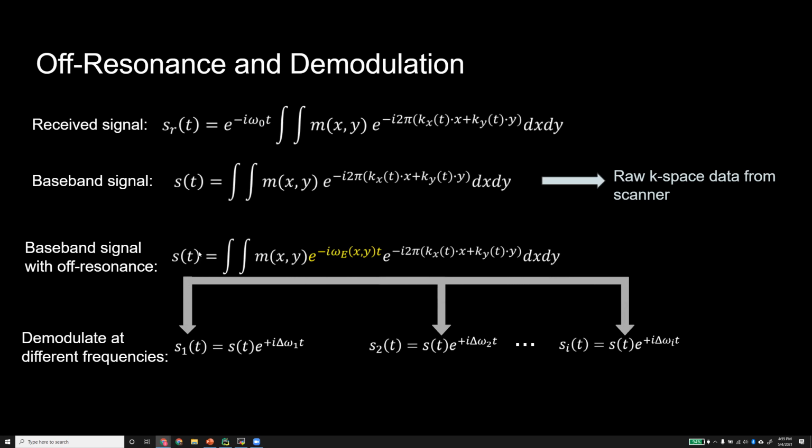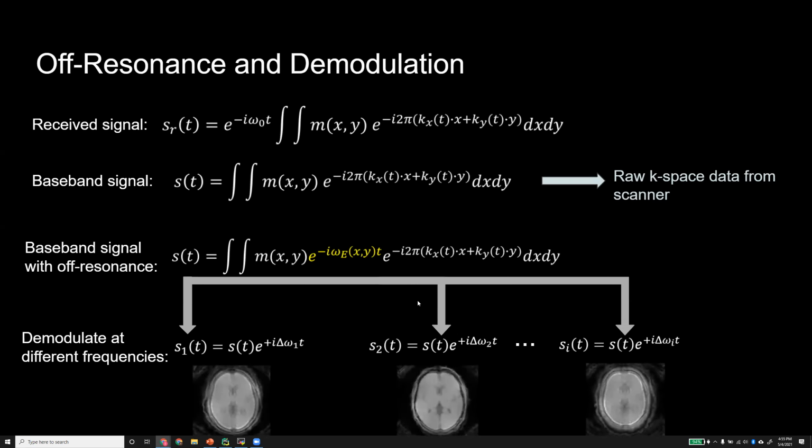We take this raw K-space signal from the sample, which has off-resonance, and demodulate at frequency offsets from omega naught, here omega 1, omega 2, omega i. And then from each of these, we can reconstruct images using a non-uniform FFT.